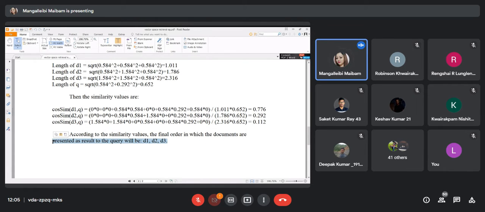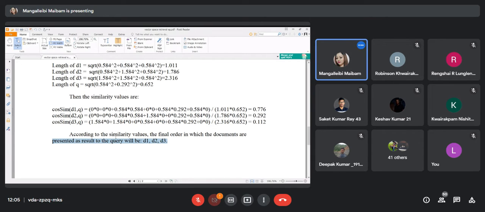But there are cases sometimes between the documents also where we can find the cosine similarity. So you can say here cosine similarity D1 and D2, cosine similarity D2 and D3, cosine similarity D1 and D3, like this.